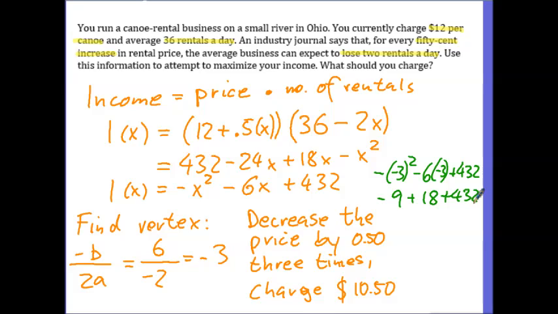Negative 9 plus 18 is 9 plus 432, 441. $441 is the income, the maximized income we can make if we charge $10.50 for each canoe rental.